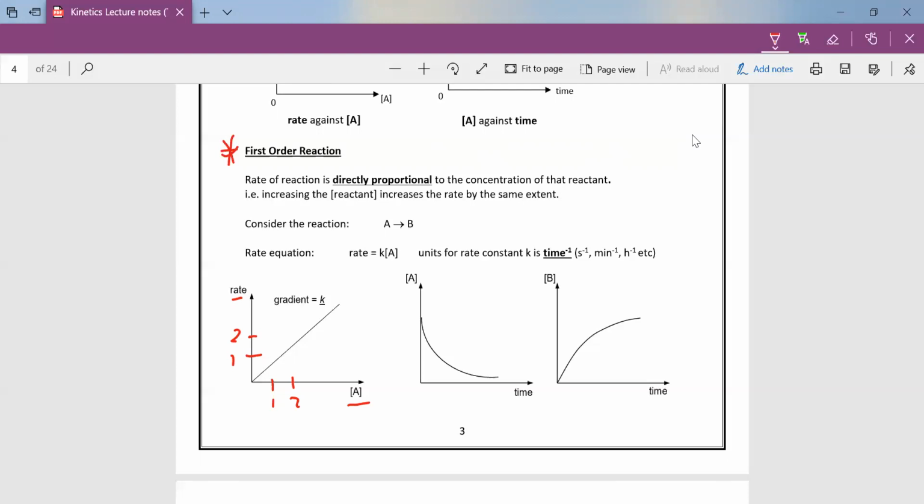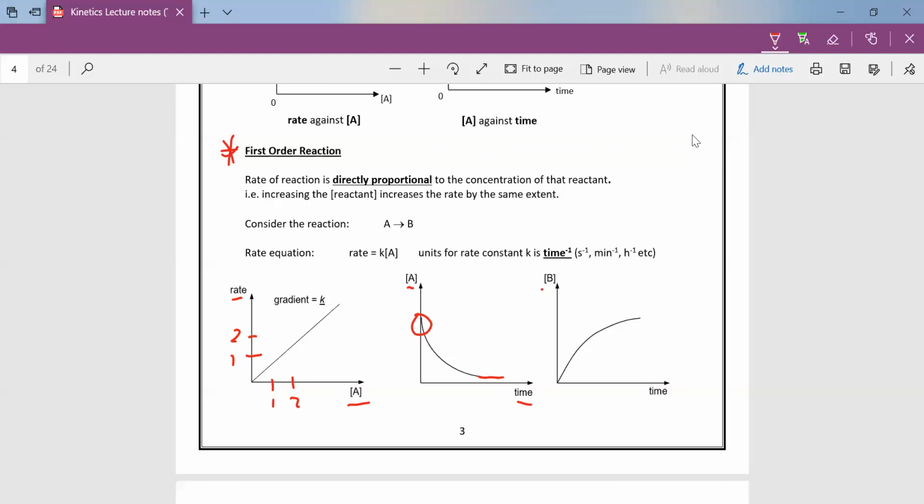Also keep in mind that if you plot the concentration of the reactant versus time, it will show a steep decrease because the rate is very fast. It's the fastest when t equals 0, and then it plateaus off to almost a horizontal line after some period of time.